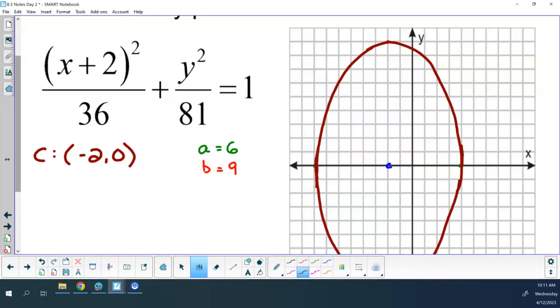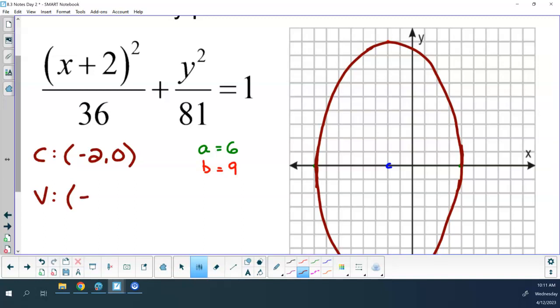Okay, so we drew it in. Love it. Where are my vertices? Negative 2 comma negative 9. Positive 9, yep.